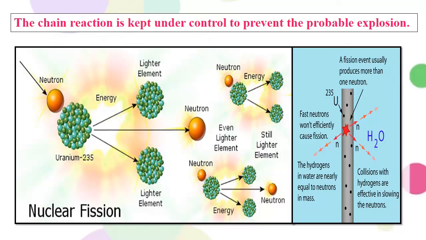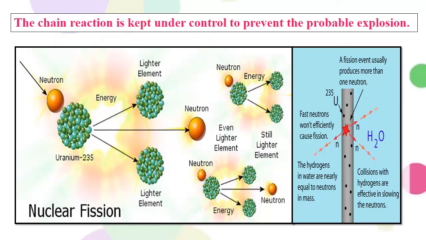In this reactor we are taking uranium-235 as nuclear fuel, and slow-speed neutrons are bombarded on it. Because of this bombardment, nuclear fission takes place, the split takes place.